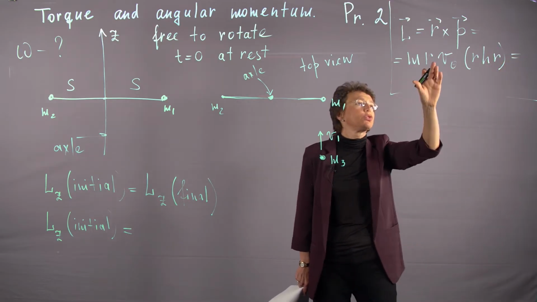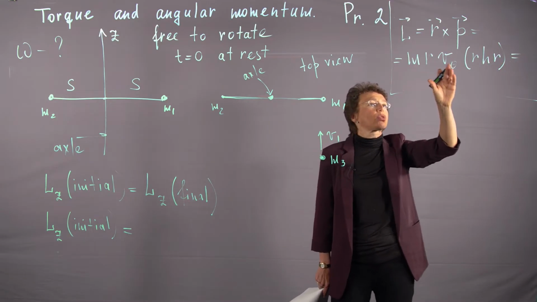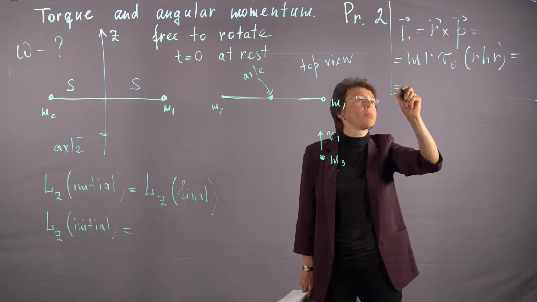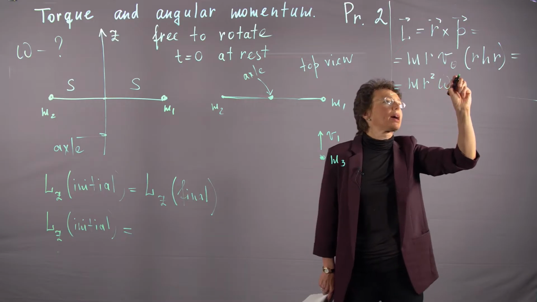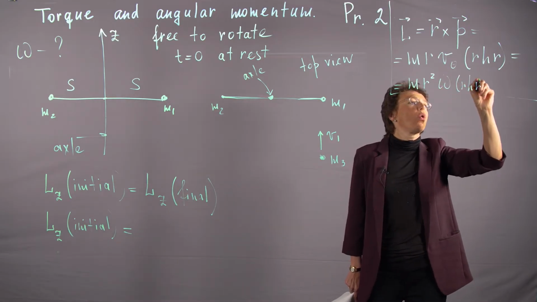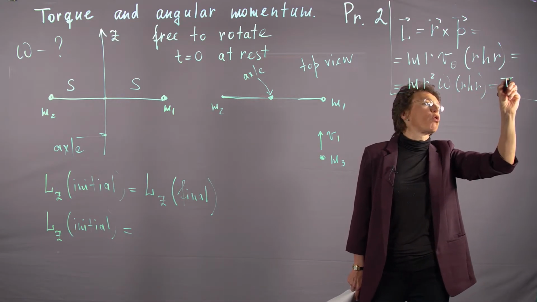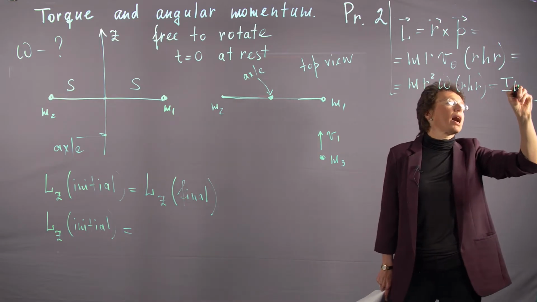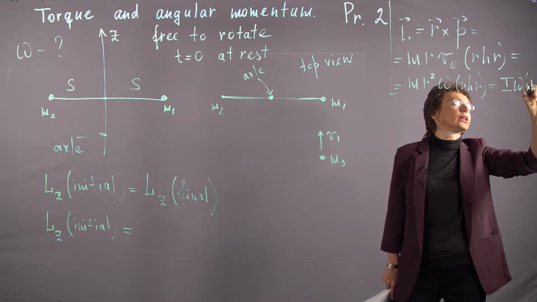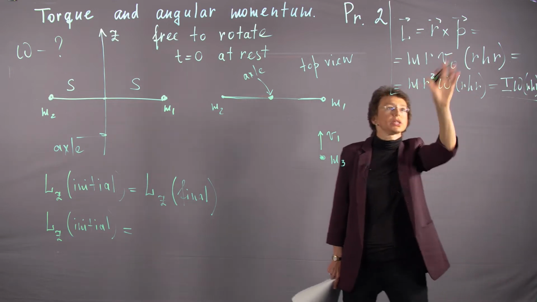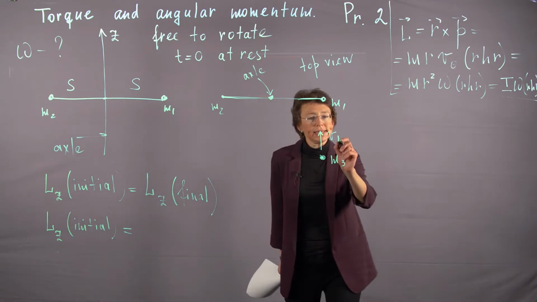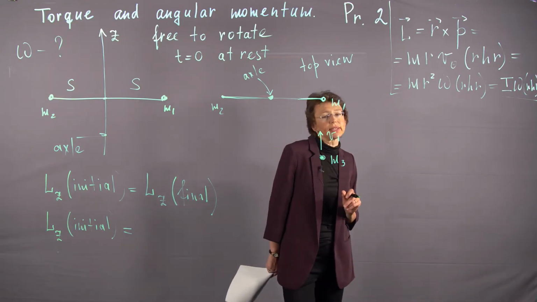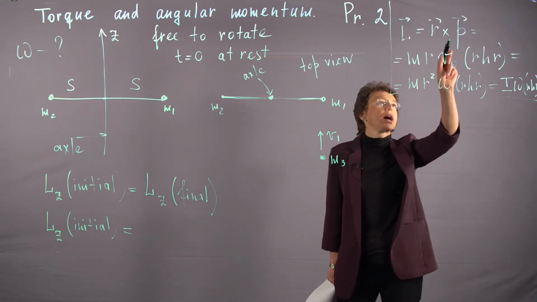Or if I write v theta as R omega, then I get m R squared omega, right-hand rule. Or in terms of moment of inertia, it is I omega, right-hand rule. Which one is good for us to describe M3? Since linear velocity v1 is given, I will just use R cross P.